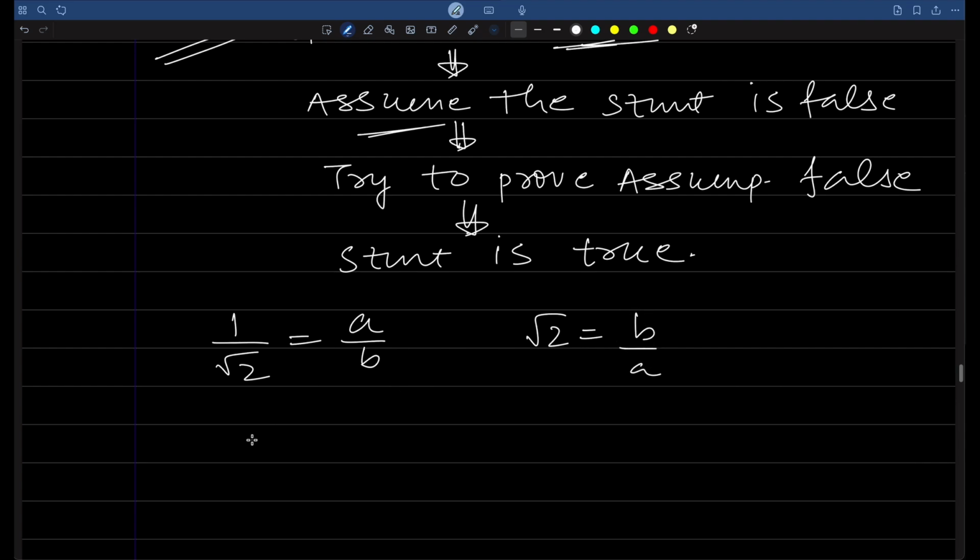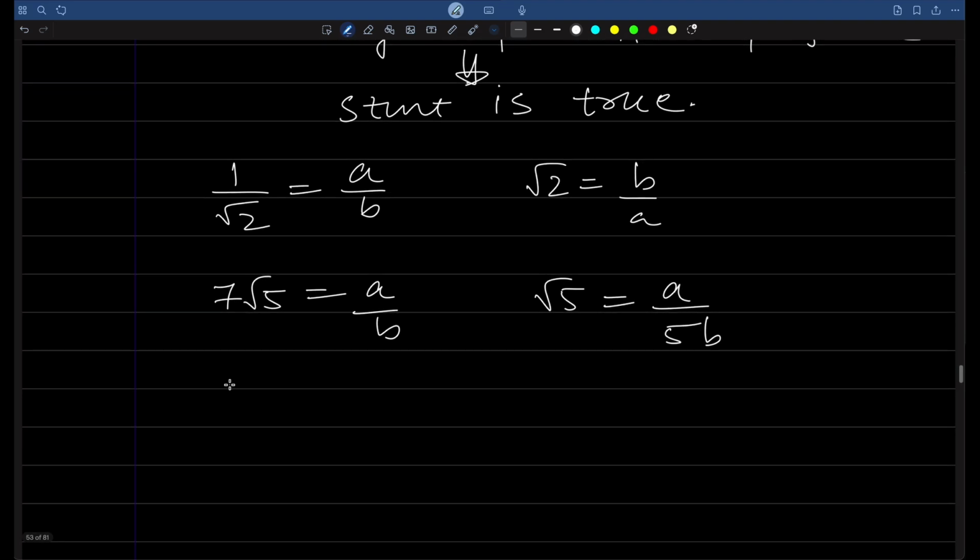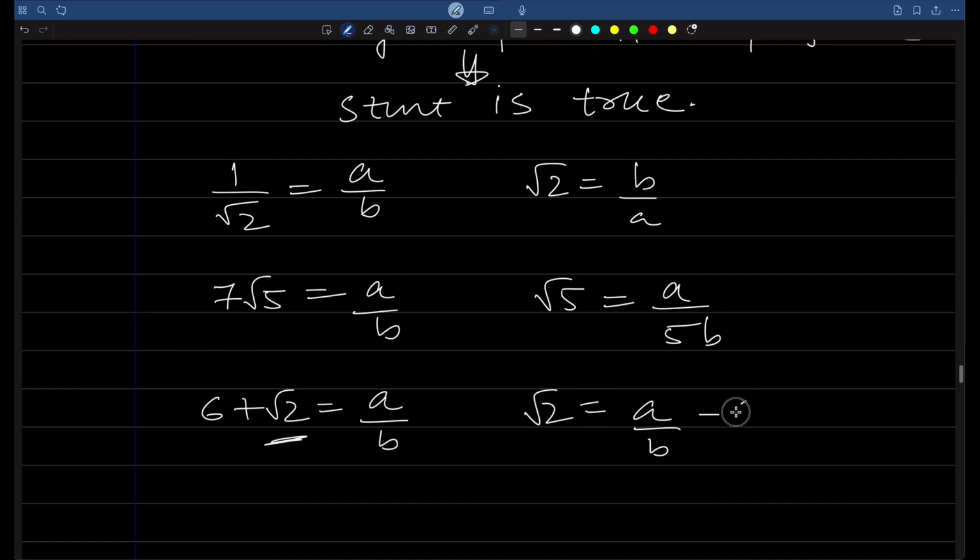In second example, it is 7 under root 5, and in third 6 plus root 2 equals to a by b. We will make the subject under root portion, that is root 2 equals to a by b minus 6.